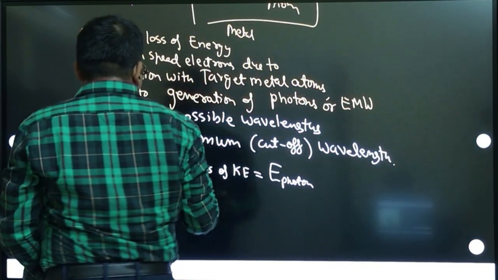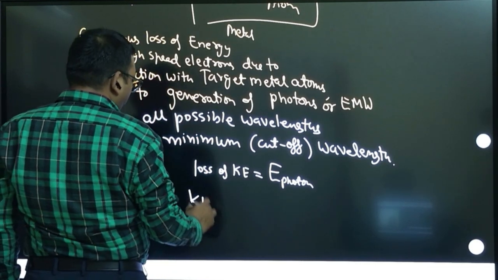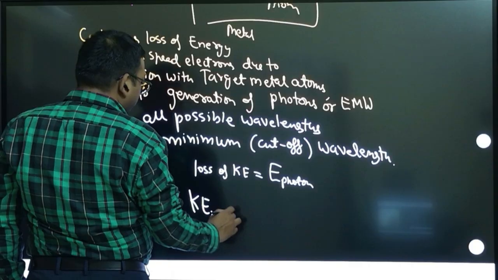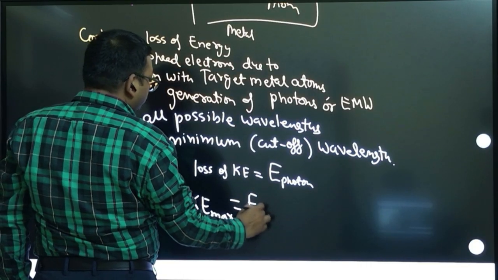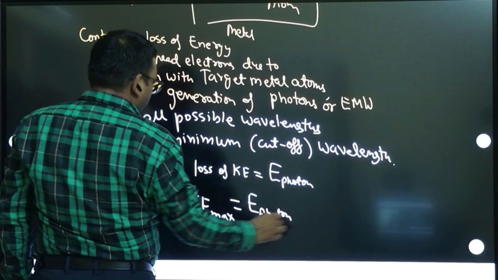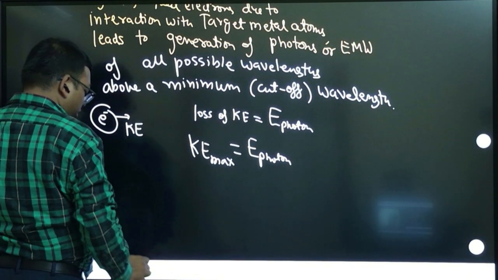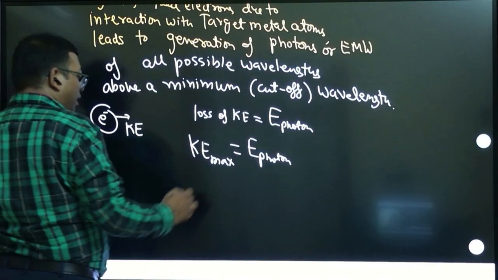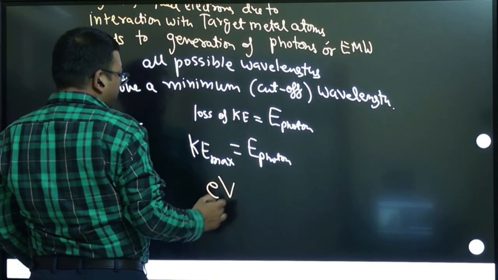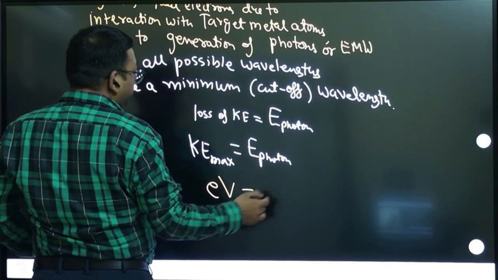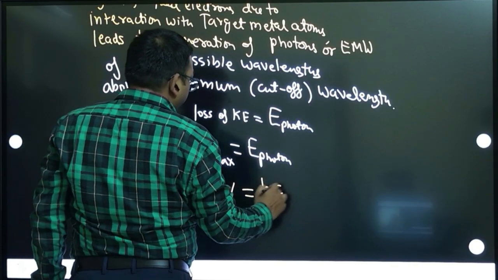So the maximum kinetic energy lost will convert into a photon. Maximum kinetic energy can be written as e into V, where V is the accelerating voltage. Energy of photon is hc by lambda.